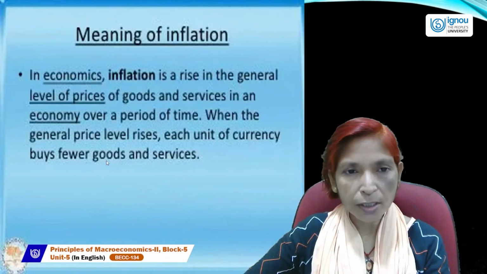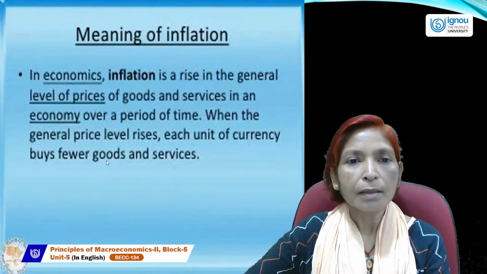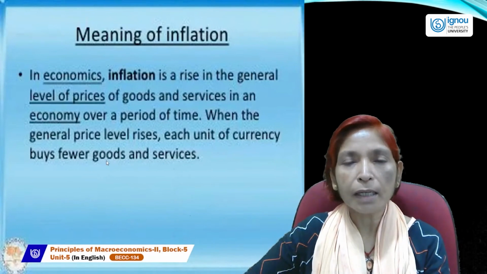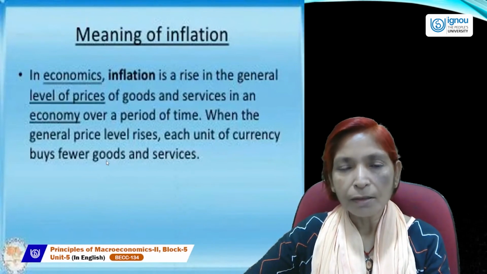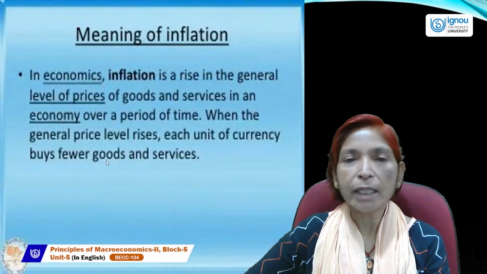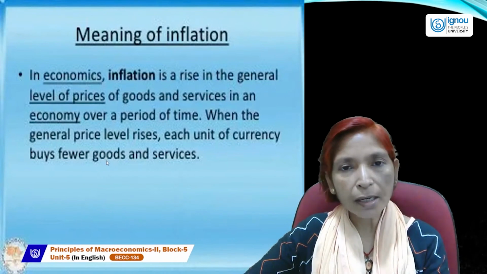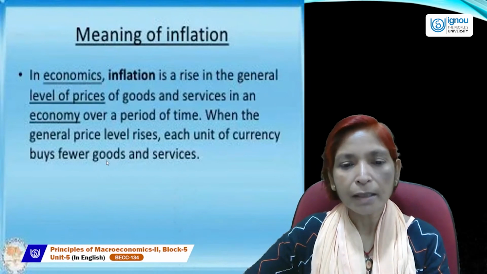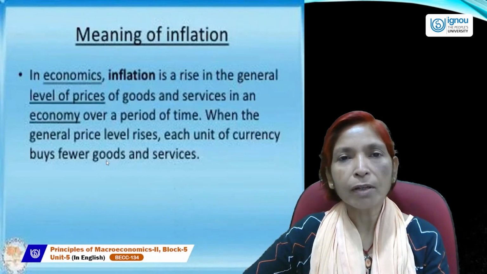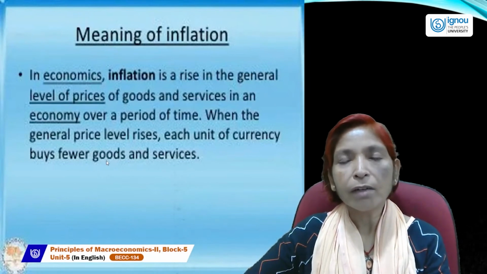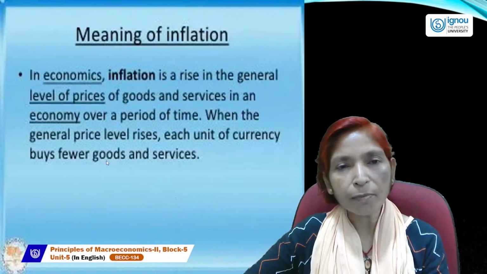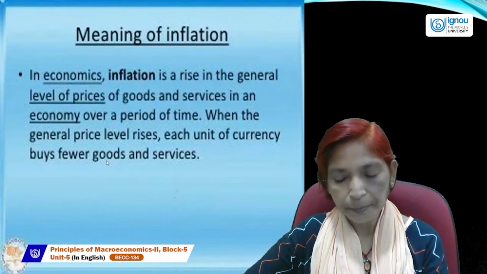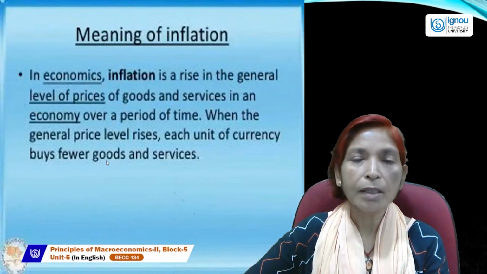So inflation mainly occurs due to increase in price level or increase in money supply. In this case, price level of all the goods and services will rise, the purchasing power of the currency will fall, and the value of money will also fall. This is called inflation.